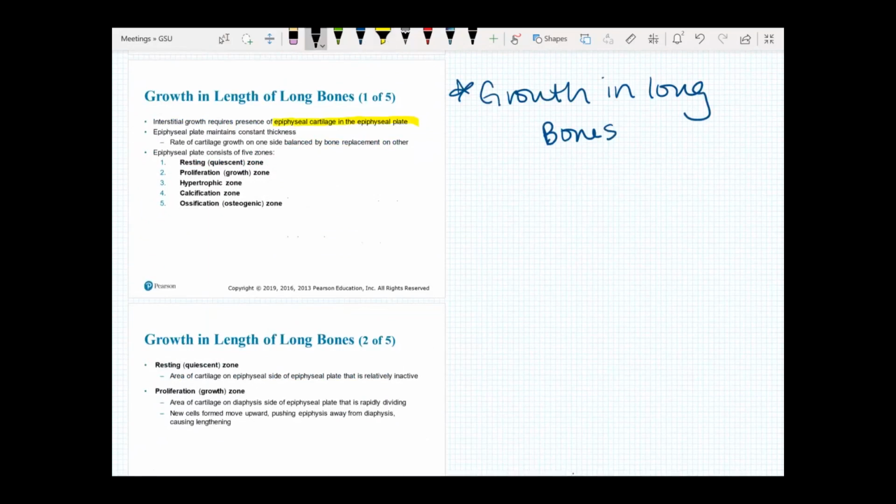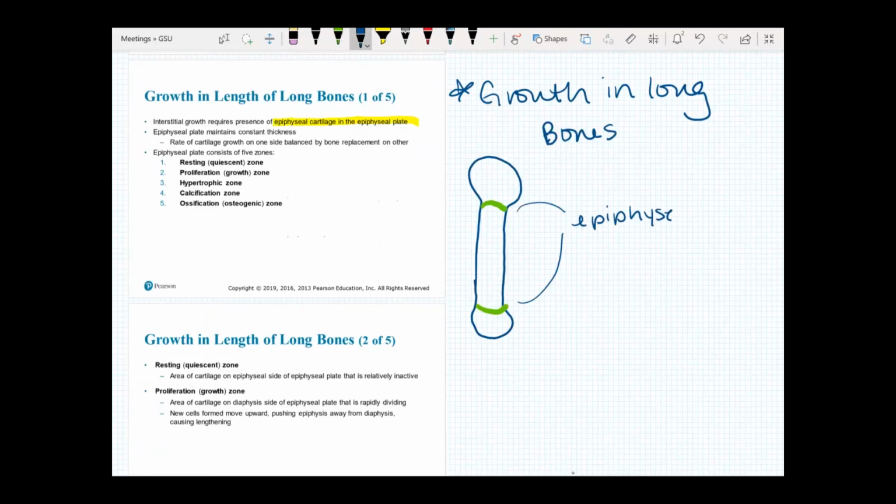We briefly talked about this at the very beginning: here was our epiphyses, here was our diaphysis, and in between where these two connected was something called an epiphyseal plate. So that is what we're talking about right here. This is your epiphyseal plate. This is where bone growth will occur.